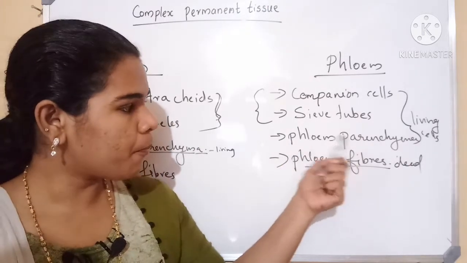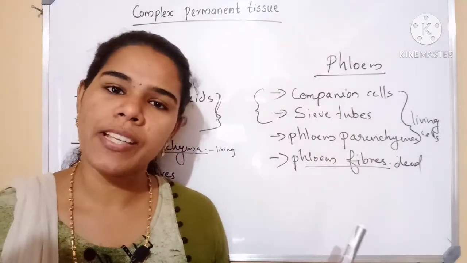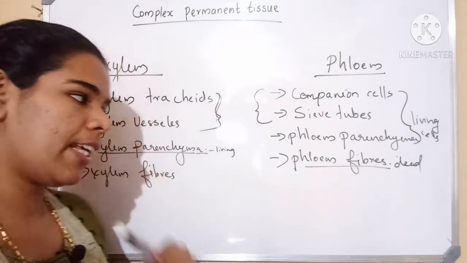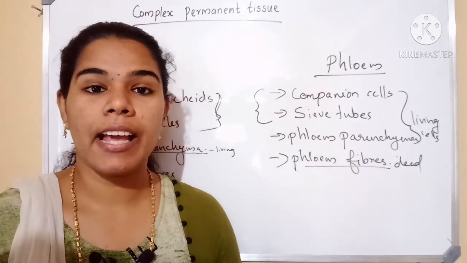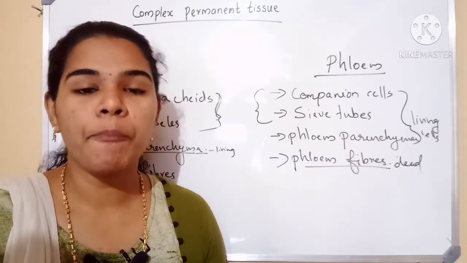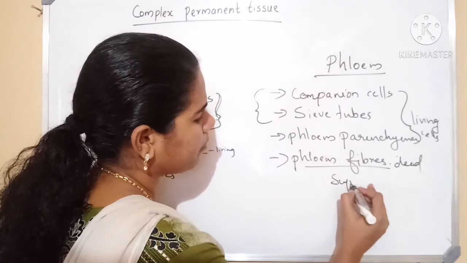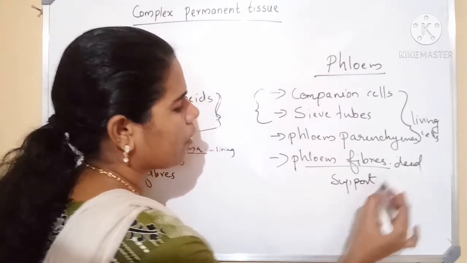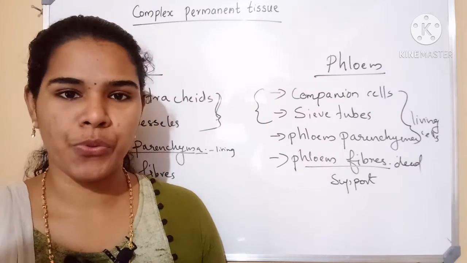And phloem parenchyma helps sidewise movement, as in the case of xylem. And the phloem fibers are supportive cells, which provide mechanical support to the phloem tissues.